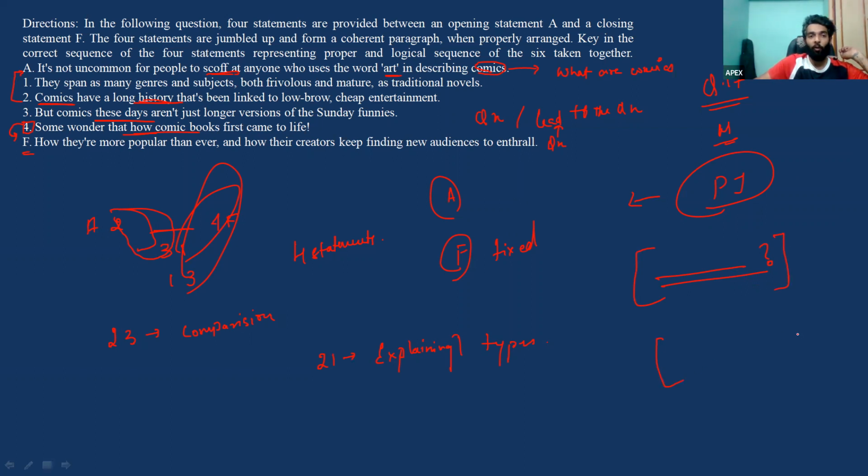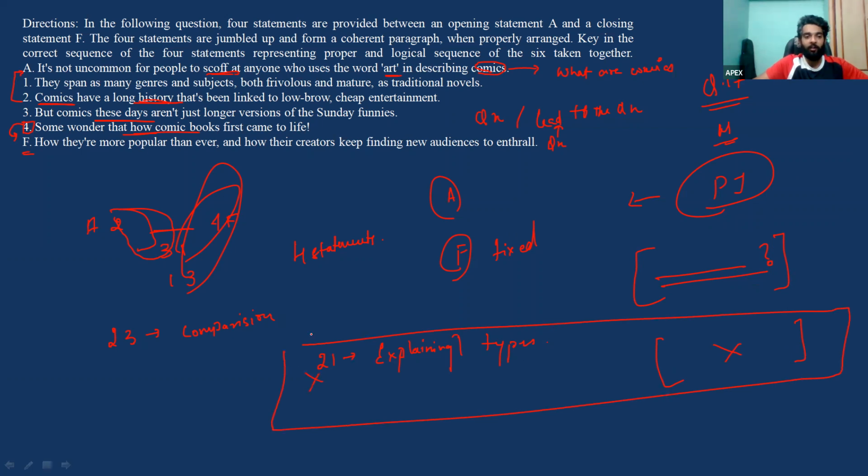Whereas if I'm linking 3 to 4, we know that comics now are just a longer version of Sunday funnies, but we don't know how they came to life. No, this does not really make sense. So in that possibility, we are eliminating this and we are going for the order of 2, 3, 1, and 4. So answer will be A, 2, 3, 1, 4, F.